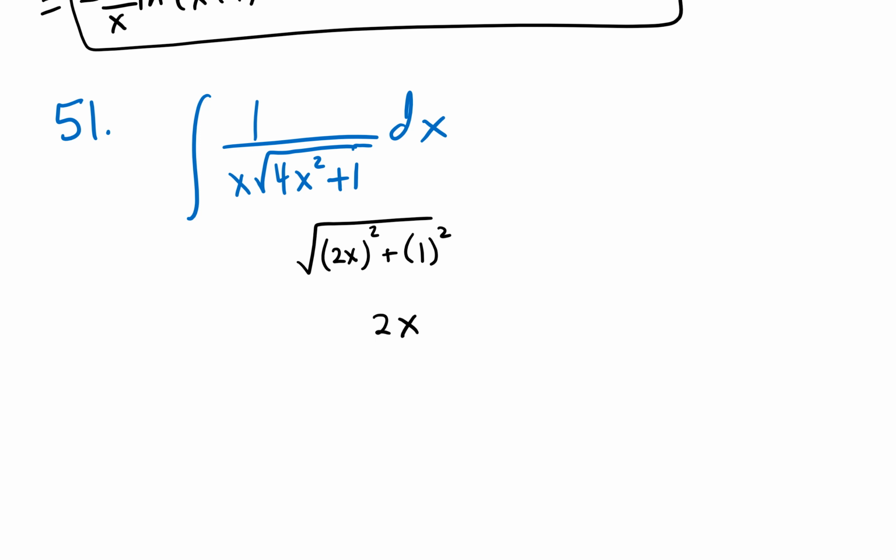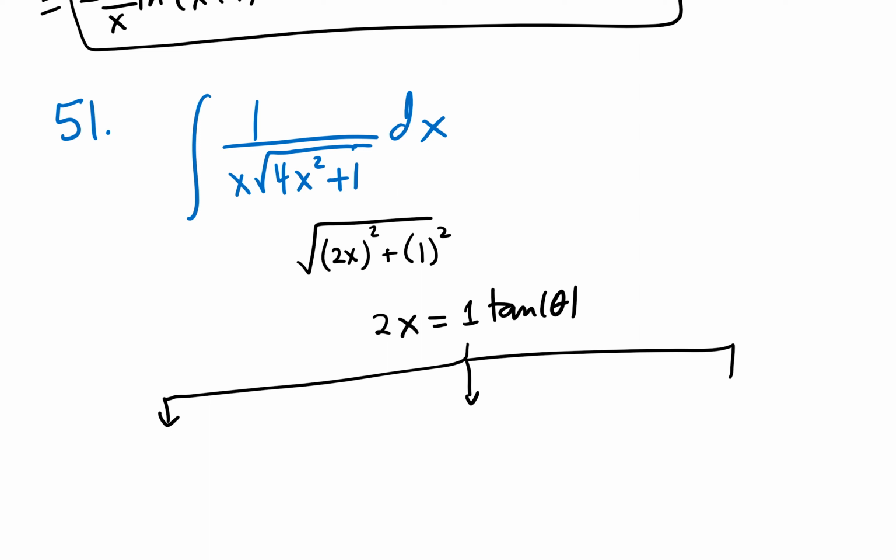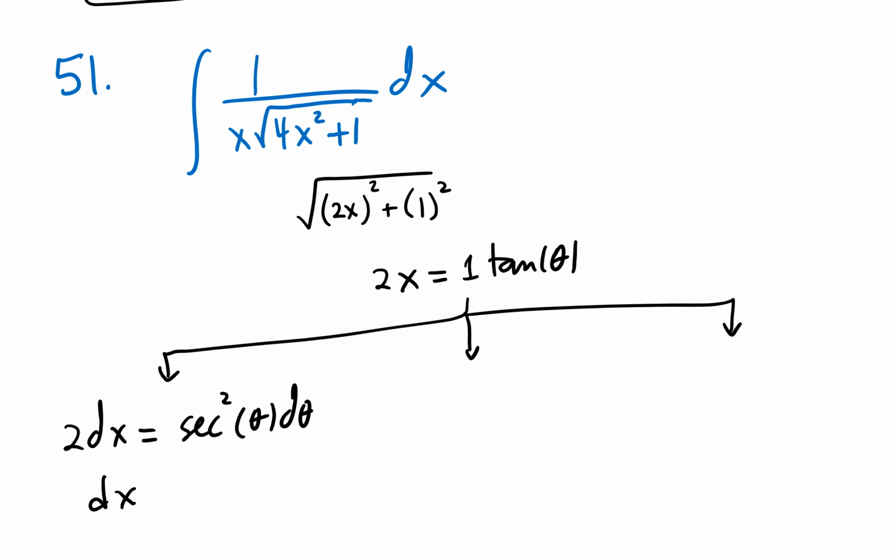So in this case, 2x is 1 tangent theta. And you remember the map for the work, we have three things. We differentiate both sides, 2 dx, derivative of tangent is secant squared theta d theta. So this means dx is 1/2 secant squared theta d theta.